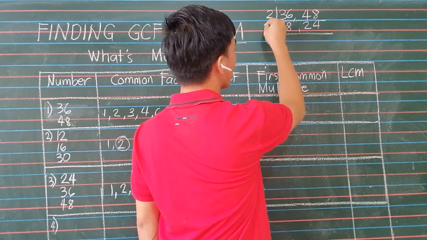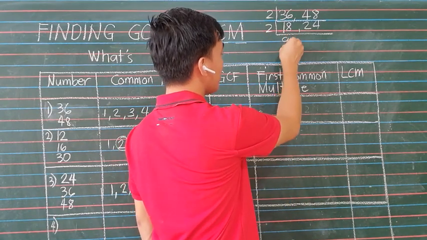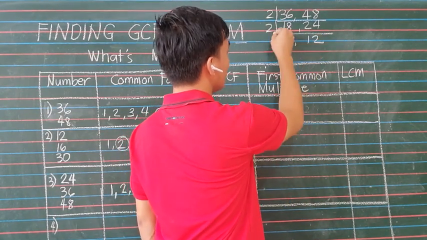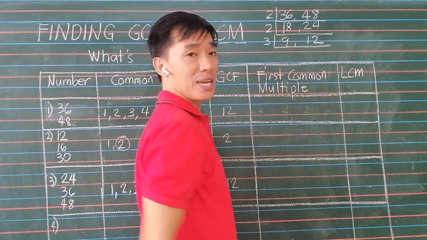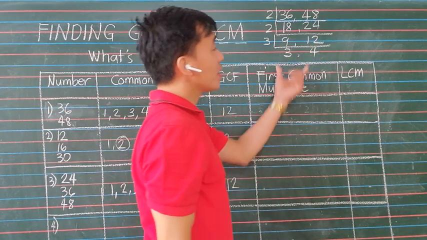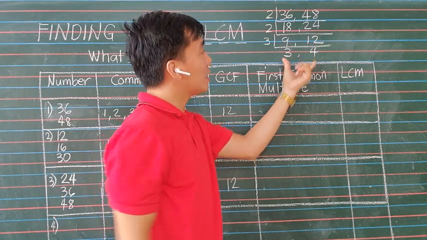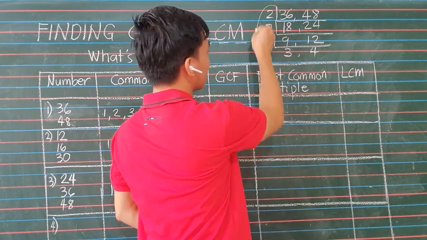Next, both numbers are also divisible by 2, so you have 9 and 12. Both numbers are divisible by 3, so this is 3 and this is 4. There is no more common factor to both of them, so this is now your LCM.